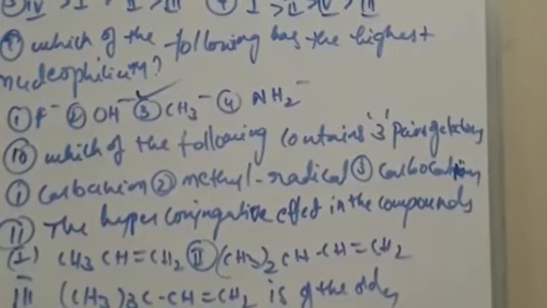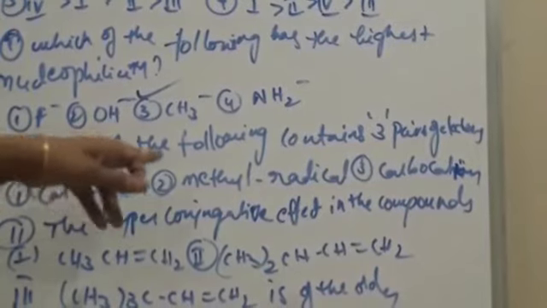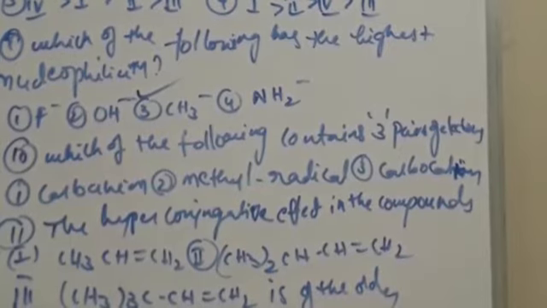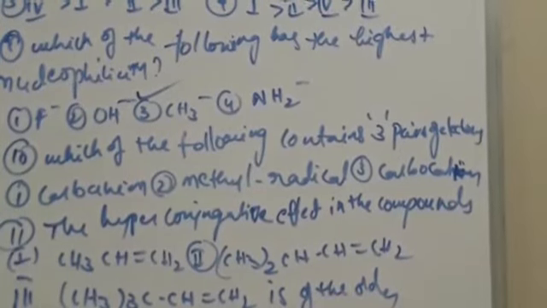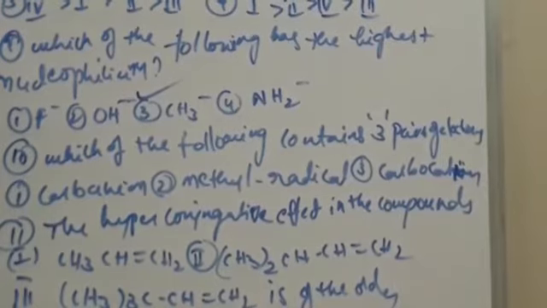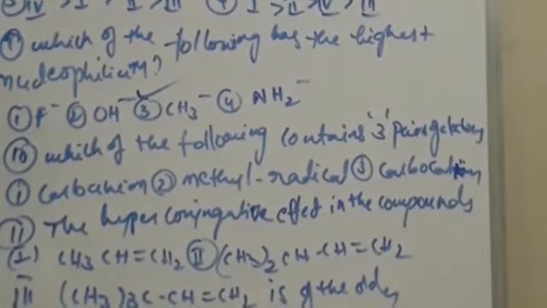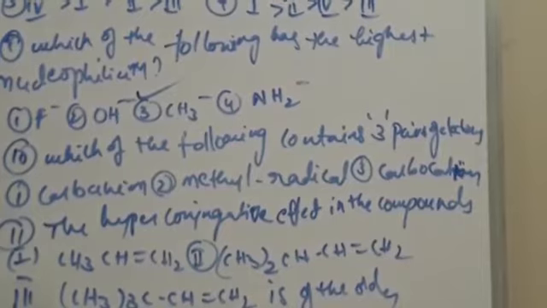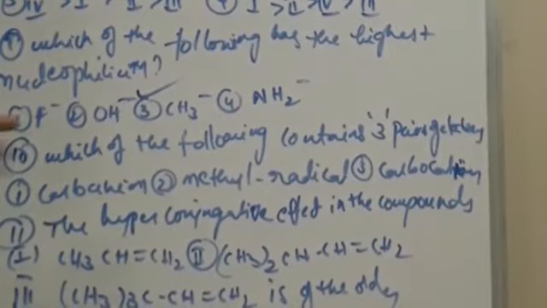Okay. Next, which of the following contains 3 pairs of electrons? So carbanion, methyl radical, free radical, carbocation. So carbanion contains more electrons. It contains 4 pairs of electrons with tetrahedral or pyramidal shape.